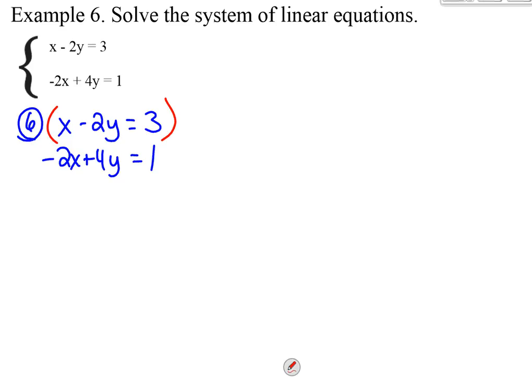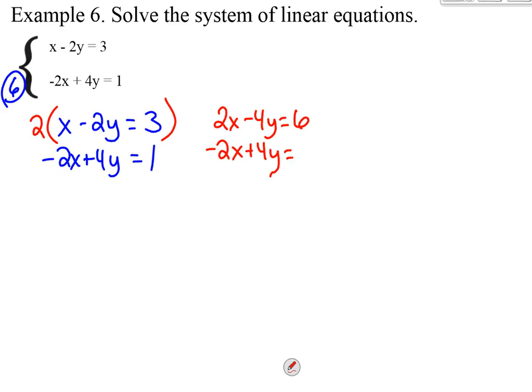I didn't leave myself a huge amount of room, so I'll fix that a little bit. I'll write my problem number up here. Multiplying that first one by 2 gives me 2x minus 4y equals 6. The bottom equation is negative 2x plus 4y equals 1. When I add these together, these cancel out, those cancel out, I get 0 equals 7.